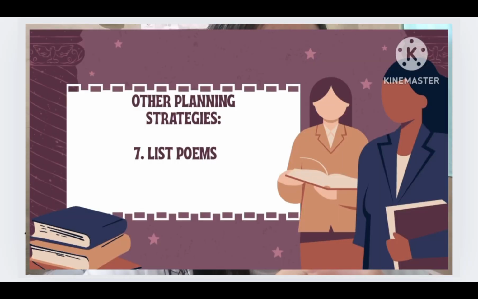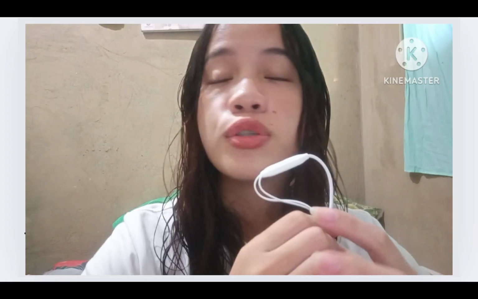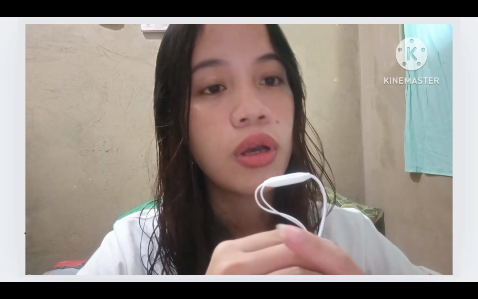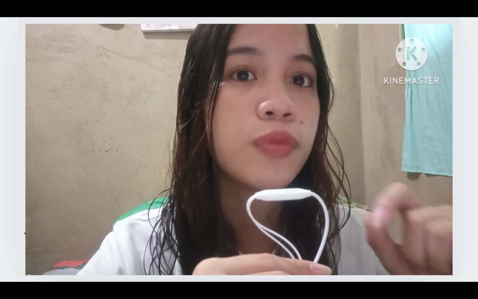Okay. The last planning strategy is list poems. So this creative writing activity asks learners to list down an inventory of persons, places, objects, or ideas. So this is also an effective planning strategy because from scattered ideas, or kanang ideas nga putol-putol lang in their head, they can list that down, and from those small pieces of ideas they can form or organize or structure a poem.